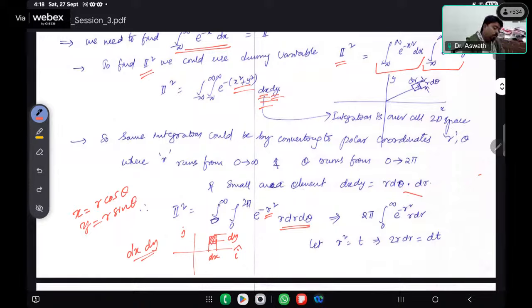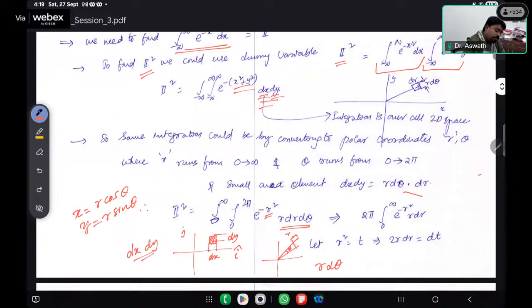In the case of polar coordinates, the small area element would be dr times r d theta.